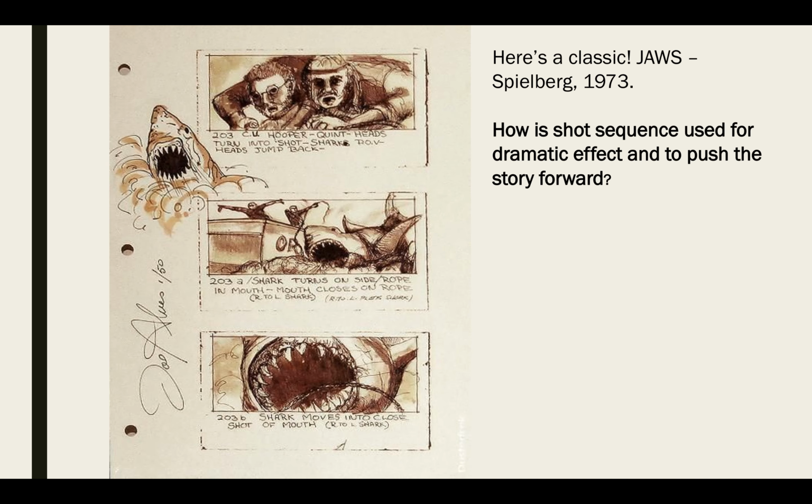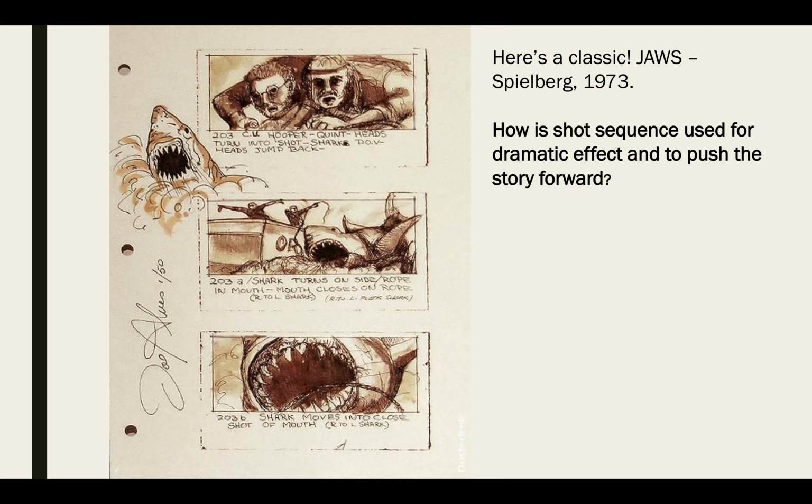Okay, so here's a storyboard. And remember, I'm not requiring you, I'm just requiring you to do storyboards and shot lists for your own use. But you can see right here, we have a shot number, and we have our two heroes here. And this is from Jaws. Now, this is a long time ago, and my parents did not allow me to see Jaws.